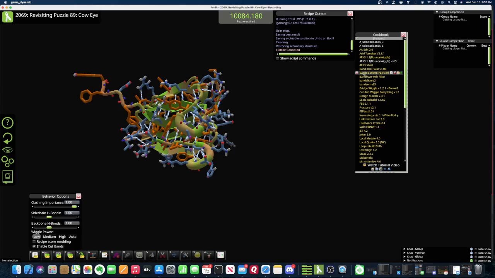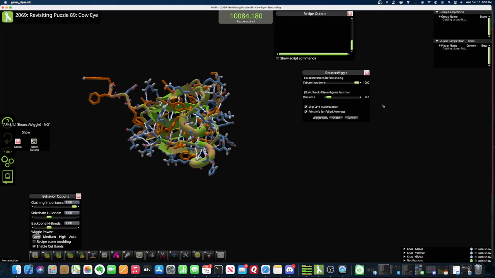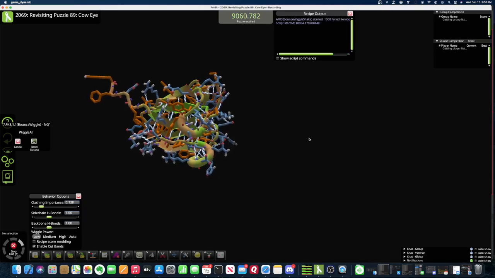The last one that I like to do before I play around with the wiggle power is one called AFK3, which has a bunch of different things. I give it 1,000 chances to fail. I don't discard anything, and I say shake.